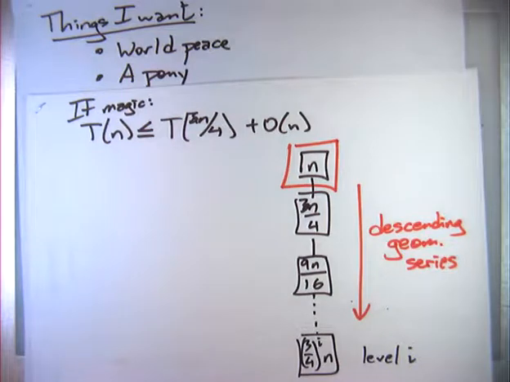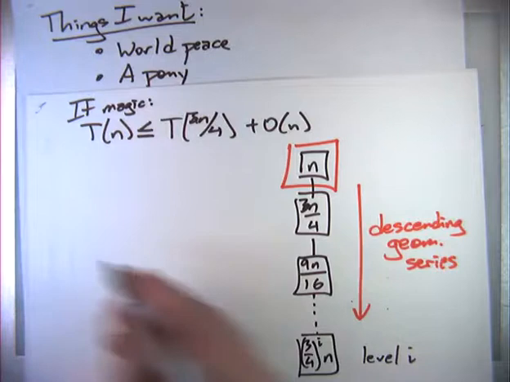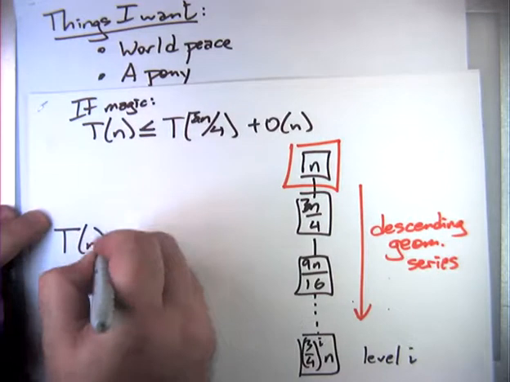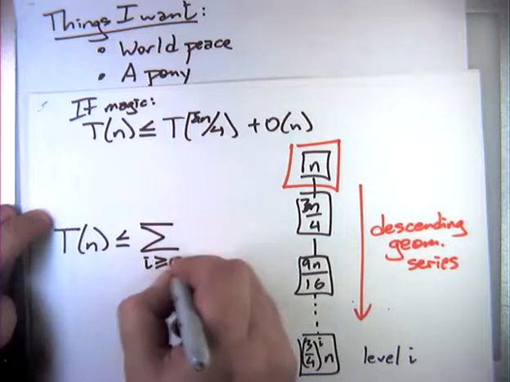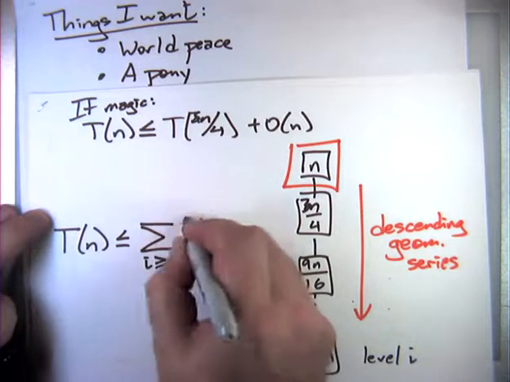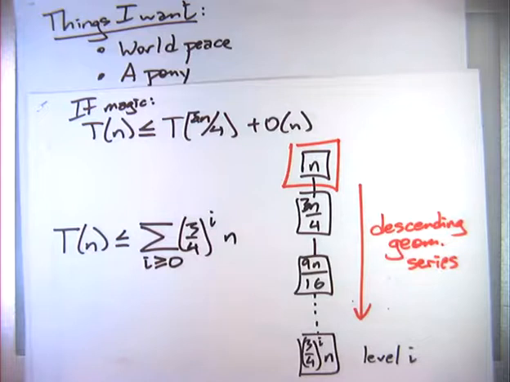Okay? Now, in fact, I don't need to worry about the depth of recursion here. I could just imagine that this recurses forever. But because the problem sizes are shrinking fast, I can get, as a sort of conservative upper bound, let's just assume the induction goes on forever.